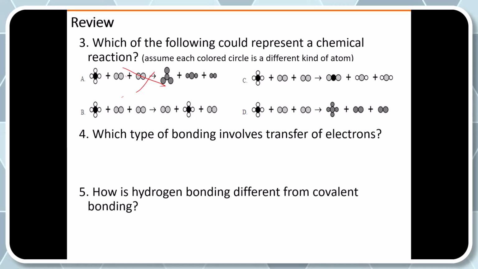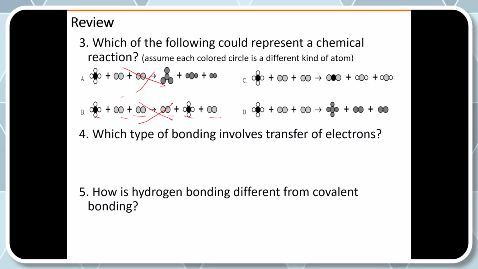Okay, so B, we have the same stuff going in as out, right? So 4 white circles over here, 4 white circles over here, 4 light grays, 4 light grays. But did anything change? Were any bonds broken or rearranged? No. So it can't be B.